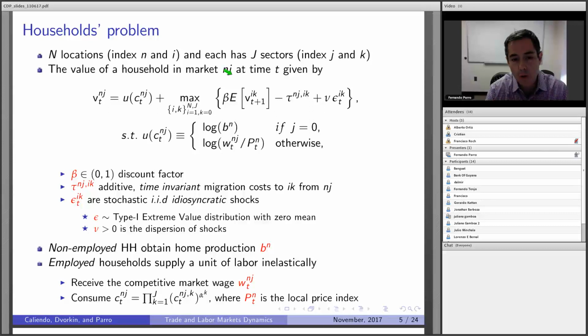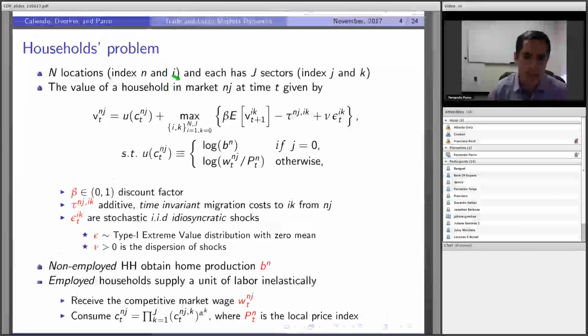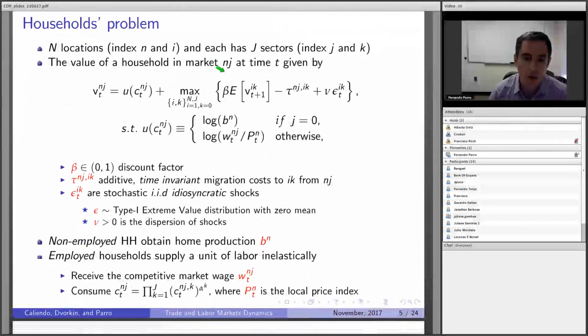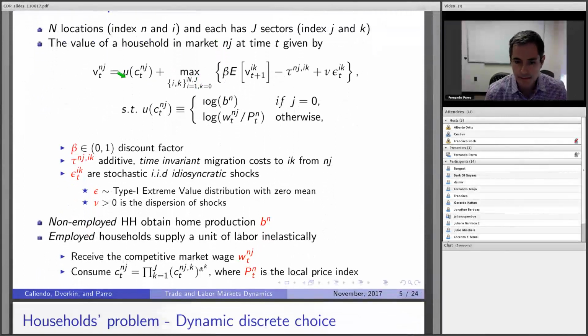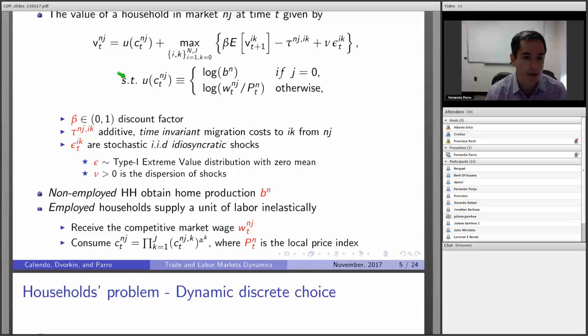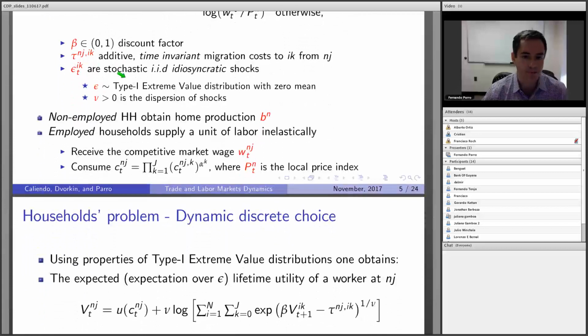In this model, a labor market is going to be a combination of a location, a region, and a sector. Think about examples of labor markets in this model: computers and electronics in California, or textiles in Wisconsin, or finance in New York. That is going to be a labor market in our model.